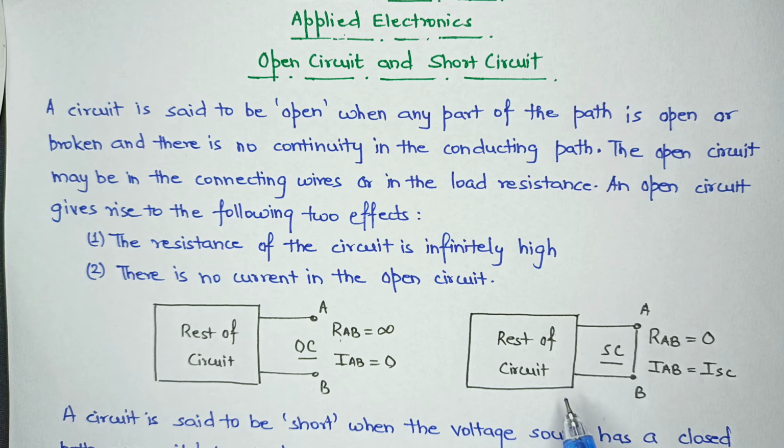The same case is observed in the short circuit. In short circuit, you join the two terminals by a wire. What that does is that it allows the current to flow in an alternate path in which the resistance across the terminals would be treated as 0, and the current across the terminals AB would then be equal to the short circuit current.